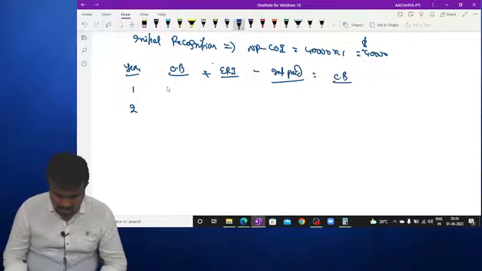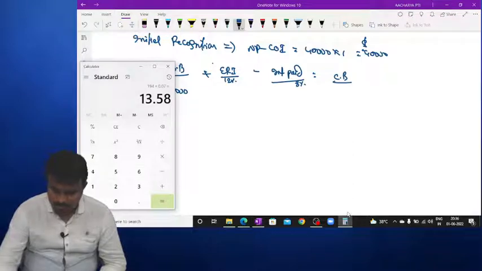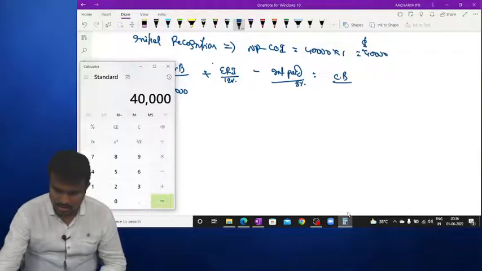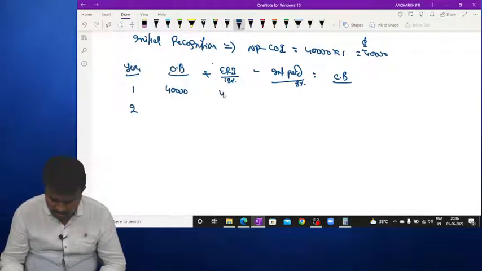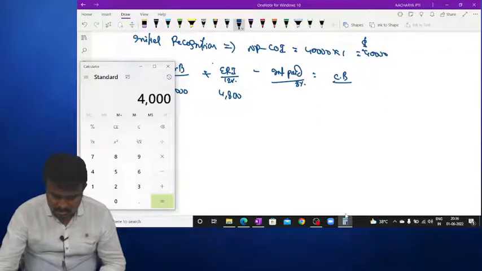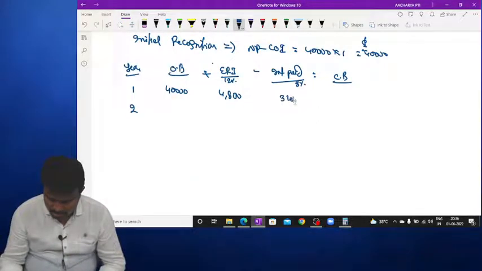So we recognize initially 40,000. Effective rate 12%, coupon rate 8%. So 40,000 into 12% is 4,800, and 40,000 into 8% is 3,200.